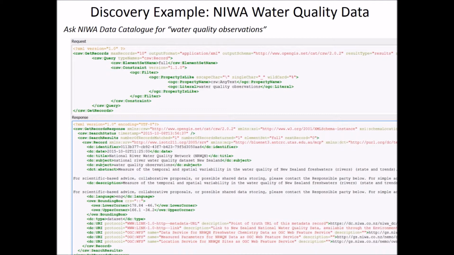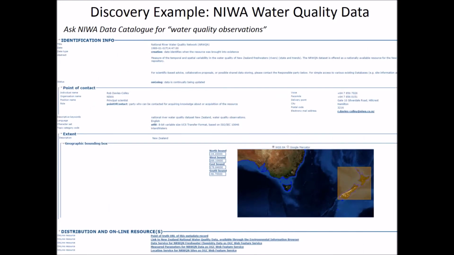And because those are based on standard protocols, I can render the return from the catalog in a client, for example, like this. And I can see it displays some basic metadata, some abstract, some title, some geospatial location, some contact information, and also some links to related resources like a data service, measured parameters, and a location service.